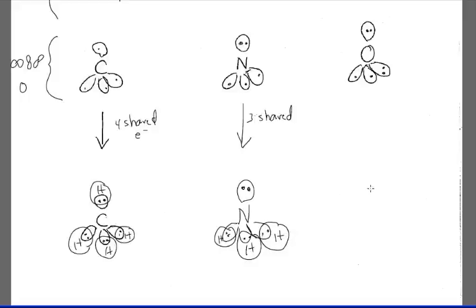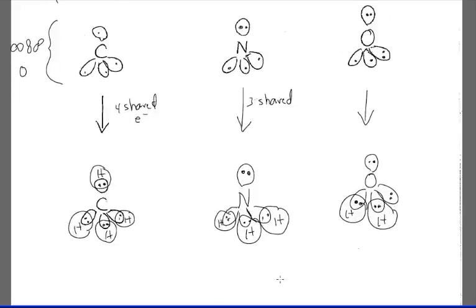And finally, oxygen will have 2 that are shared and 2 that are not shared. Okay, so 2 of the lobes will be completely filled on their own. The other 2 can share with hydrogen, which is why water is H2O and not H3O.